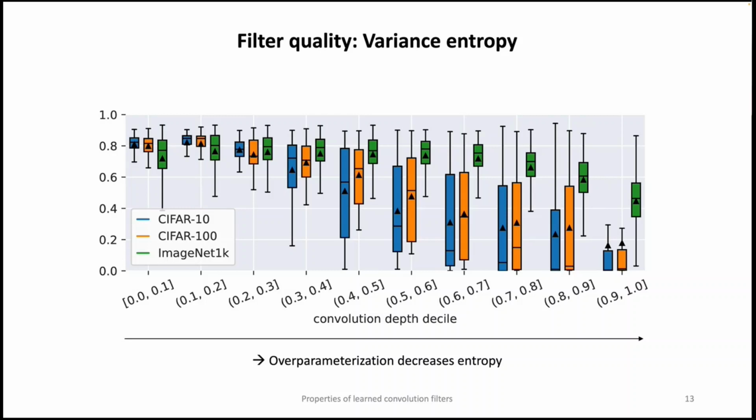But for CIFAR10, it quickly dips away and the layers learn the same filter over and over. And again, we see the same effect also for CIFAR100, just slightly delayed. So again, we conclude that overparameterization decreases entropy and is a cause of degenerated filters.